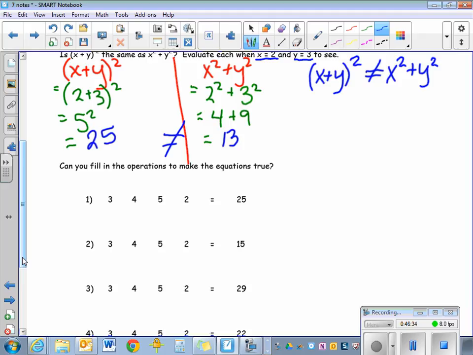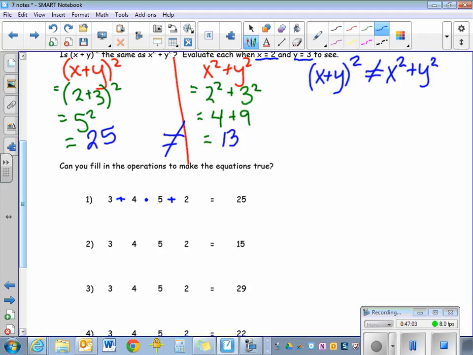So what I want you to try is, I'll show you number 1, and I want you to try number 2 while I'm passing out your homework to you.